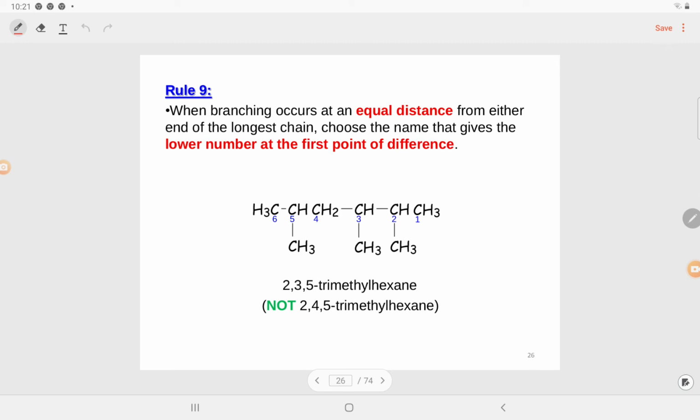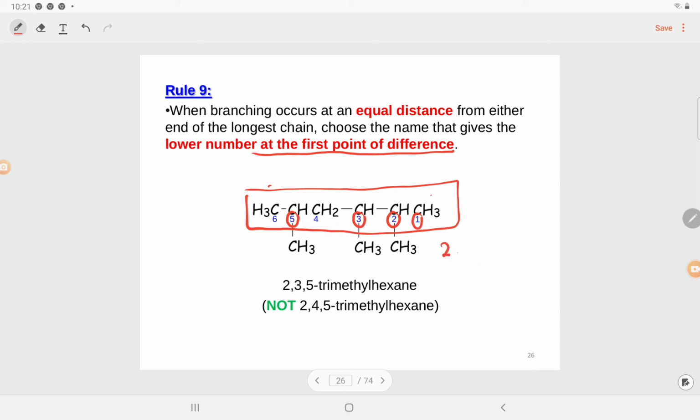Next rule, when you want to find your first carbon location, numbering of your first carbon must be at the end of the chain. But from left or right, we can have a similar, identical longest chain here. So what happens? You must arrange for the lowest first point of difference. In this situation, our substituents are located at carbon number 5, 3, and 2, so I arrange the numbering of substituents 2, 3, 5.